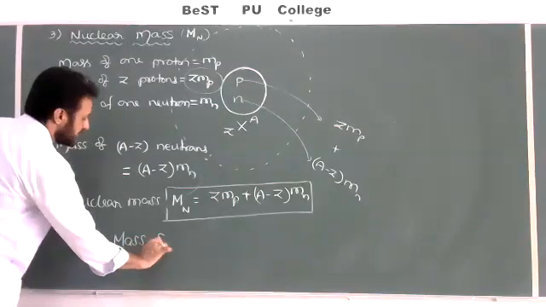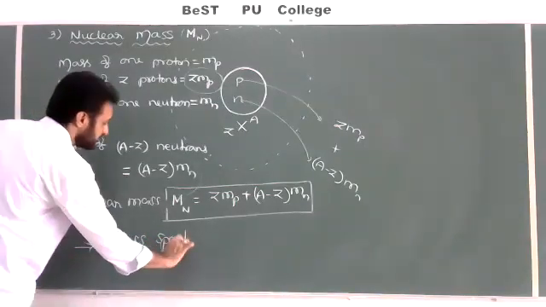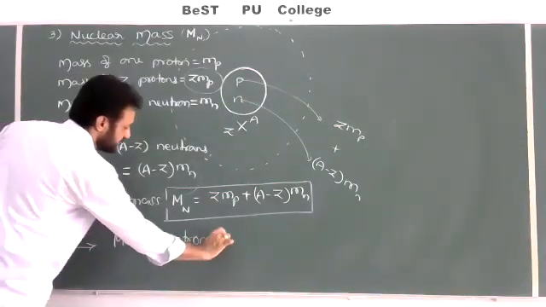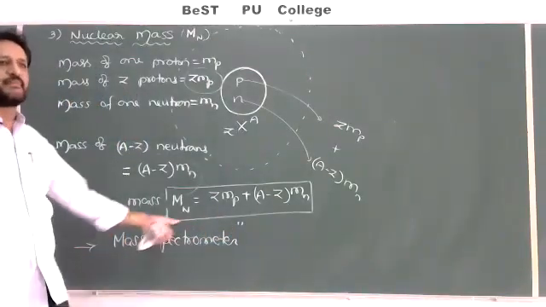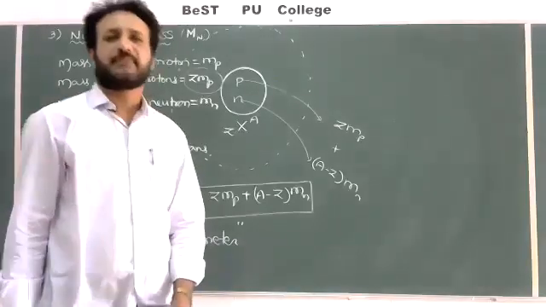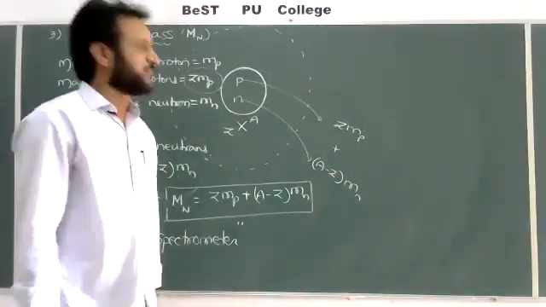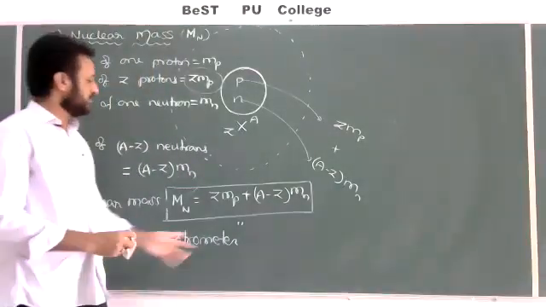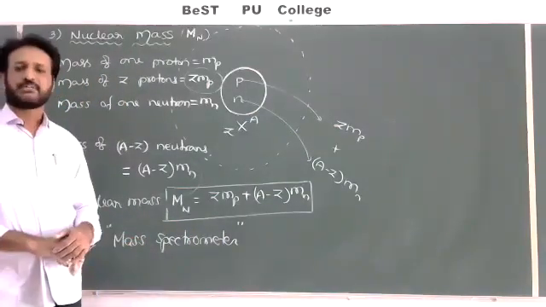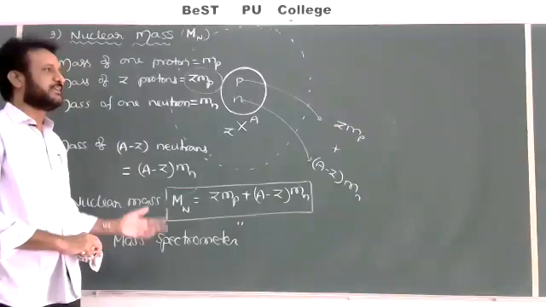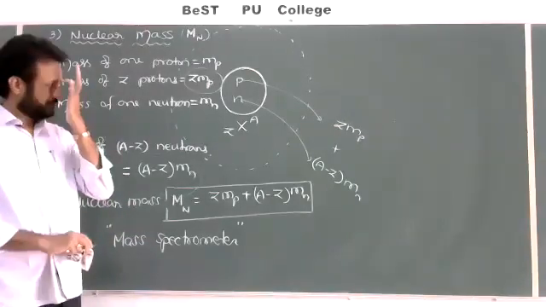By using a mass spectrometer, we can measure the mass of atomic and subatomic particles like proton, neutron, or nucleus.